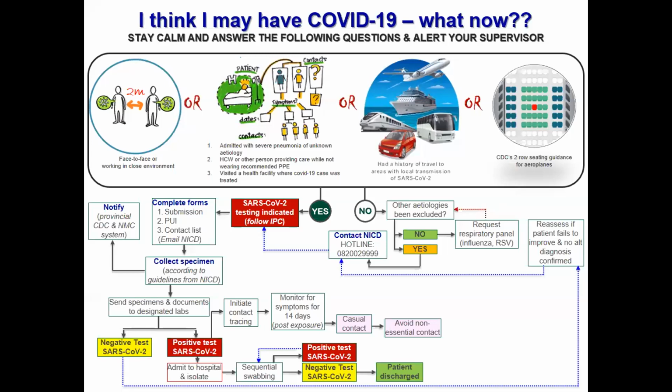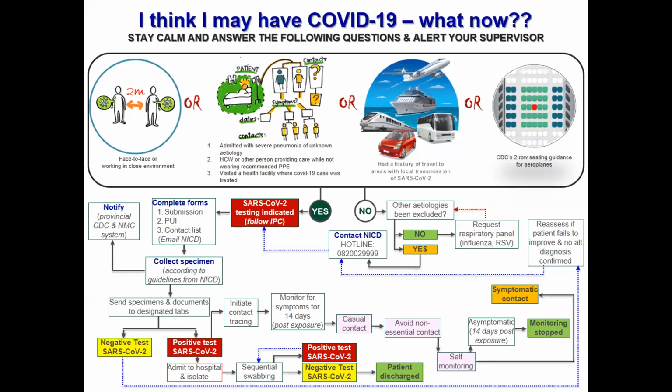There are two types of contacts. You get a casual contact, and the contacts need to avoid all non-essential contacts. They must be self-monitored, and if they are asymptomatic during the 14-day period, the monitoring is stopped. If they are symptomatic, then they will be tested, and the same routine will follow.